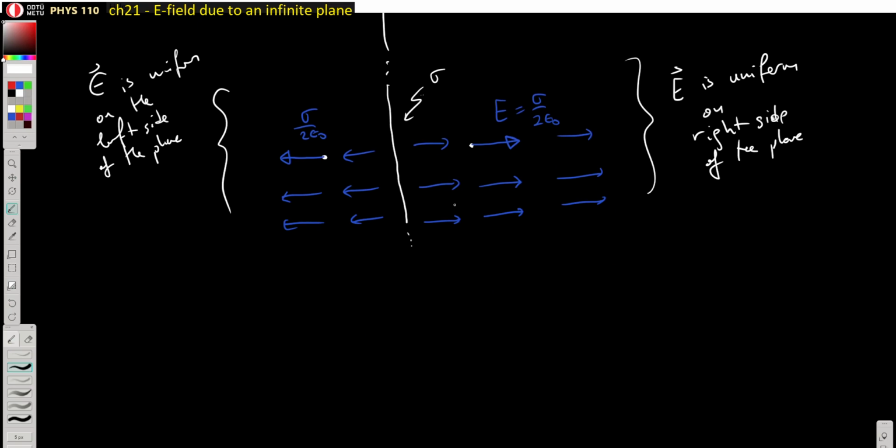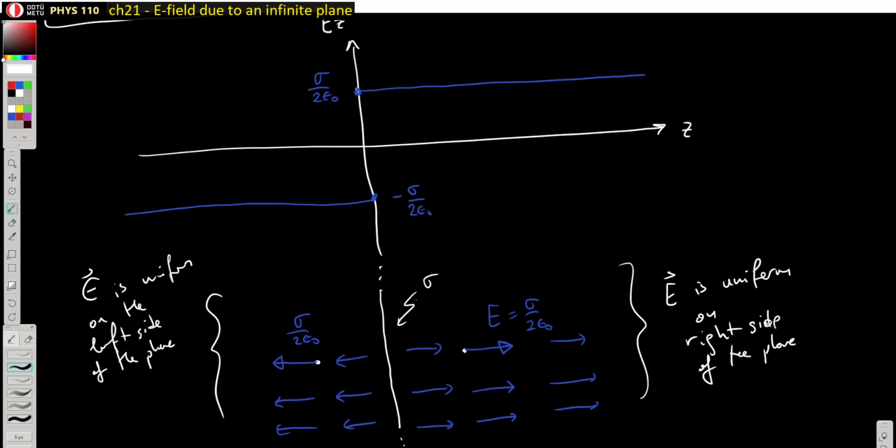All right, so there's one last thing in here. There is a discontinuity of the electric field when you cross the plane. When you are moving, let's say in here, and you cross the plane, you suddenly see a discontinuous change in the electric field. How can you compute this? That's basically the jump in the value of that function, so that's the electric field at the right minus the electric field at the left.